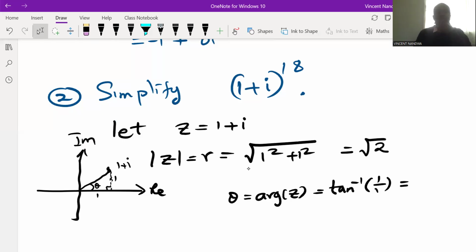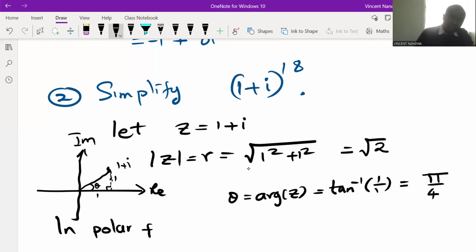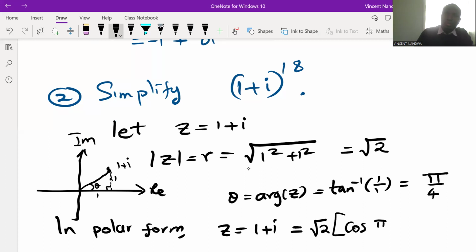So tan inverse of 1 is pi over 4, or you can say 45 degrees. So in polar form, z equals 1 plus I will be equal to r, which is root 2, into cos pi over 4 plus I sine pi over 4.